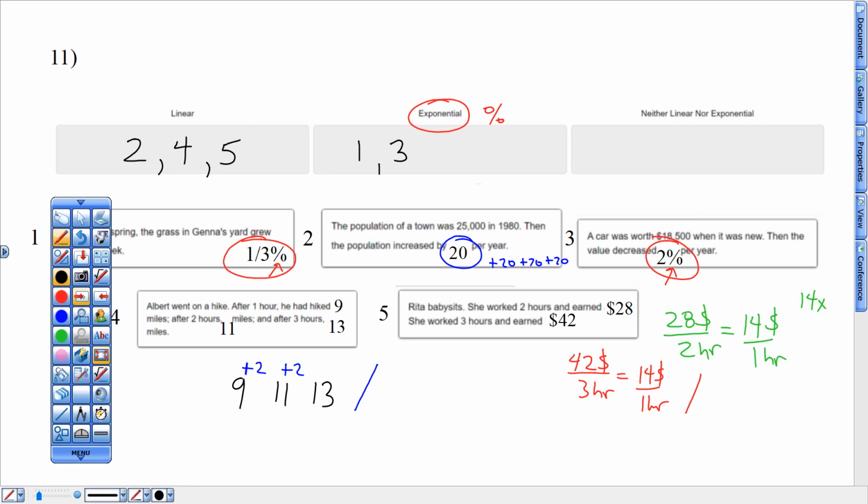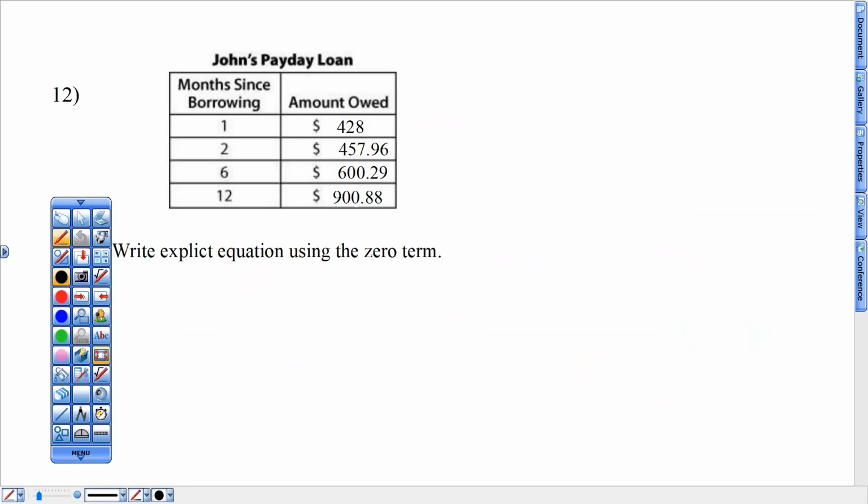All right, moving on. For this guy, again, take this value right here and divide by the smaller one above it. I promise you, on a calculator, type in 457.96 and then hit the division button and then type in 428 and then hit the equal button.